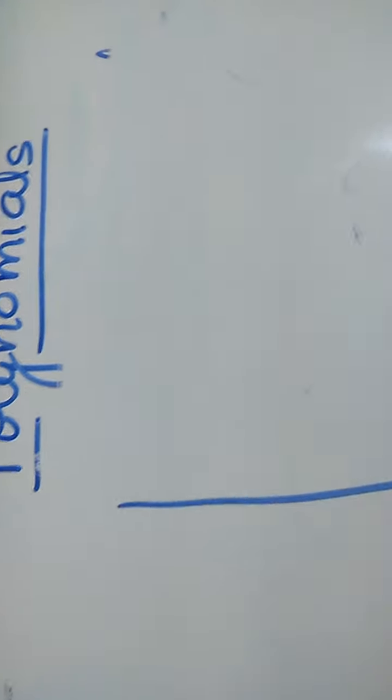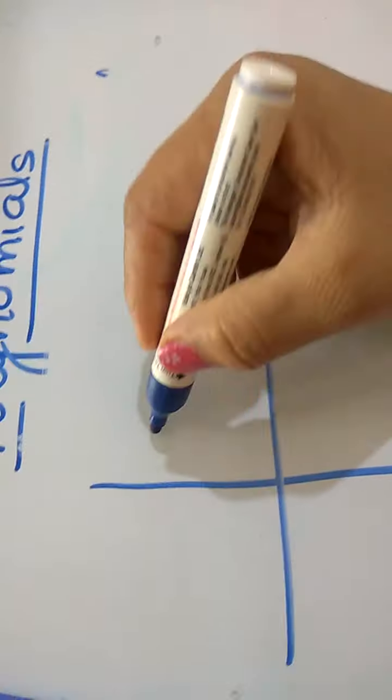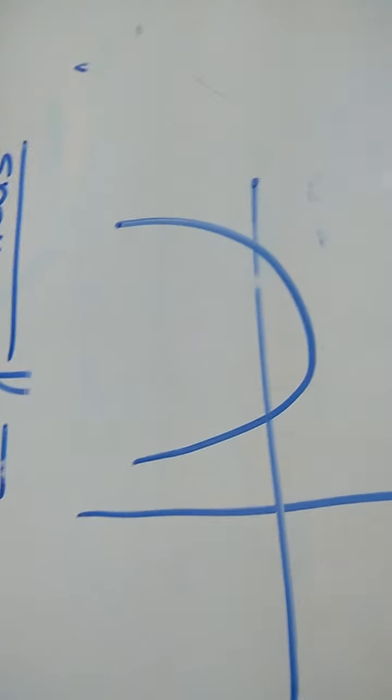Now, what is the geometric meaning of the zeros of the polynomial? That is, by looking at the graph of a polynomial, how we can determine the number of zeros it will have. So this is your coordinate system, and suppose a graph is given like this.